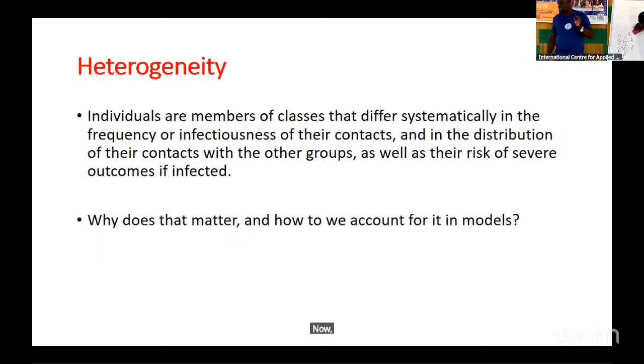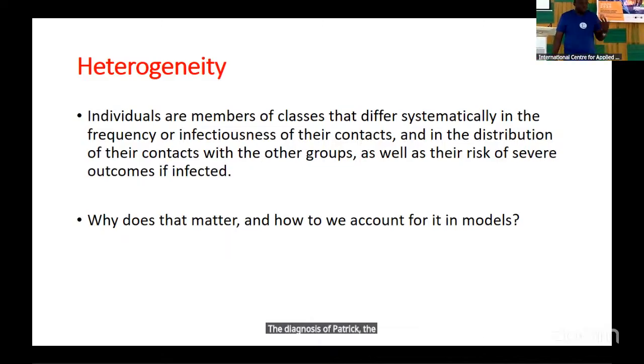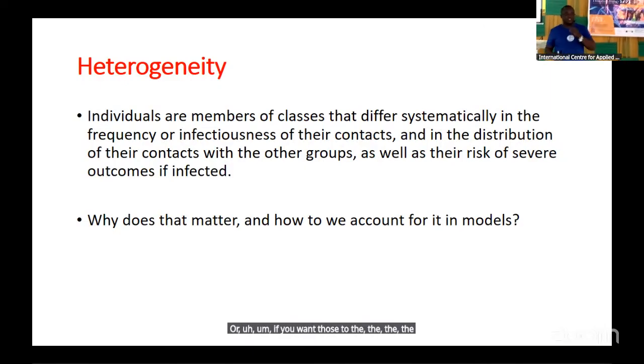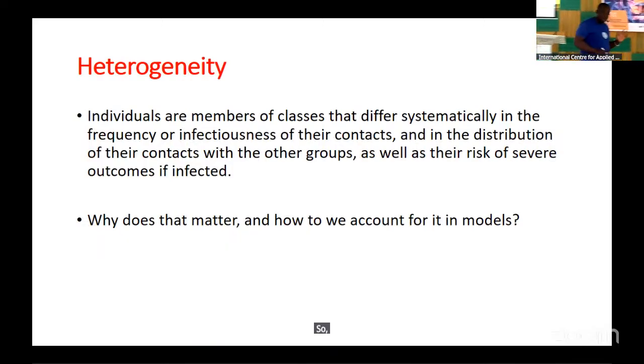Now, what determines the structure of a model? One of them is the pathogen. The dynamics of the pathogen determines the structure of the model. If the model is going to follow a particular structure, the pathogen will play the host, either the intermediate host or the vector, depending on the kind of disease you are looking at.